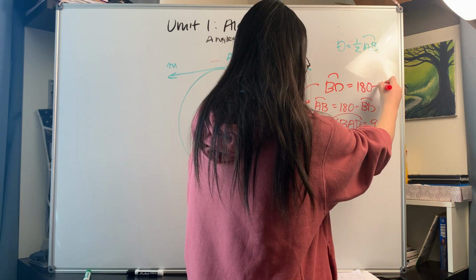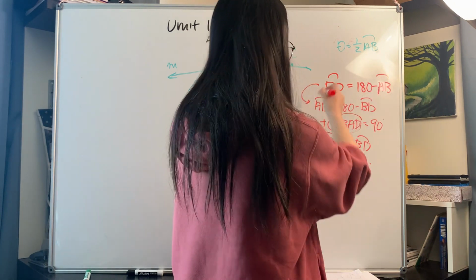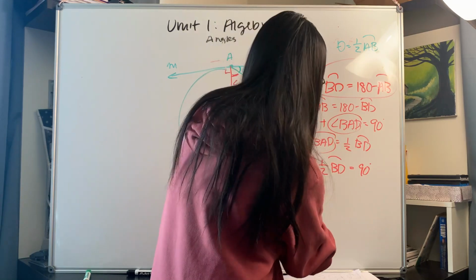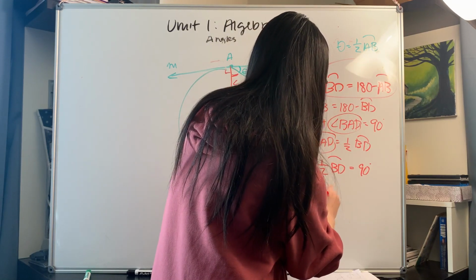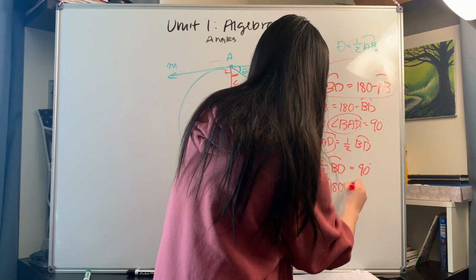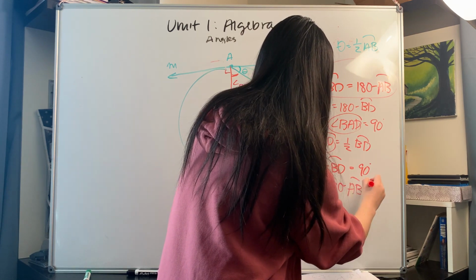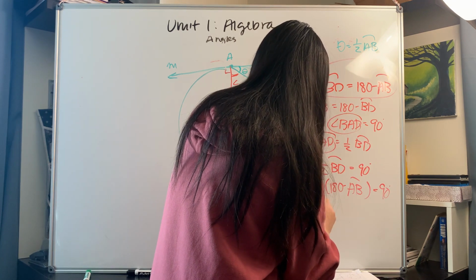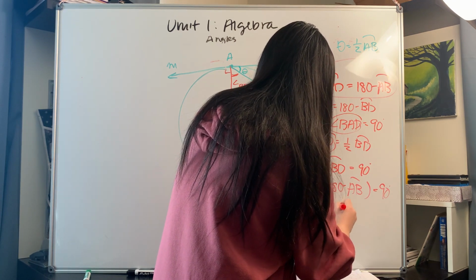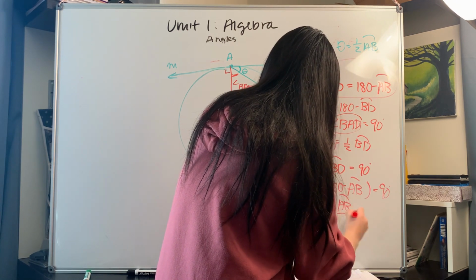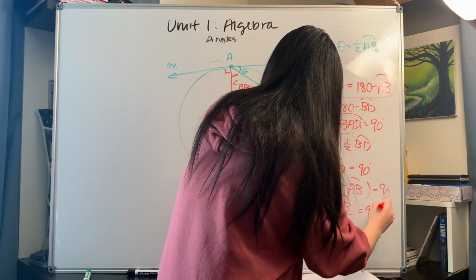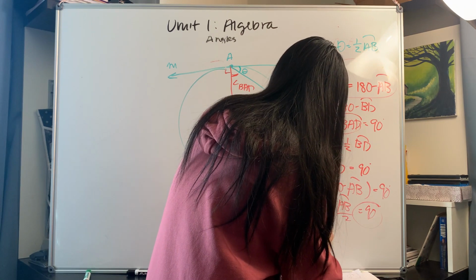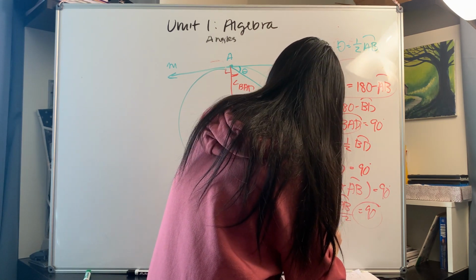BD is 180 minus AB, so you can substitute this in down here. You get theta plus 1/2 of BD, which is 180 minus arc AB, and that's equal to 90 degrees. So theta plus 90 degrees minus AB divided by 2 is equal to 90 degrees. So subtract 90 degrees from both sides. Theta is equal to arc AB divided by 2.